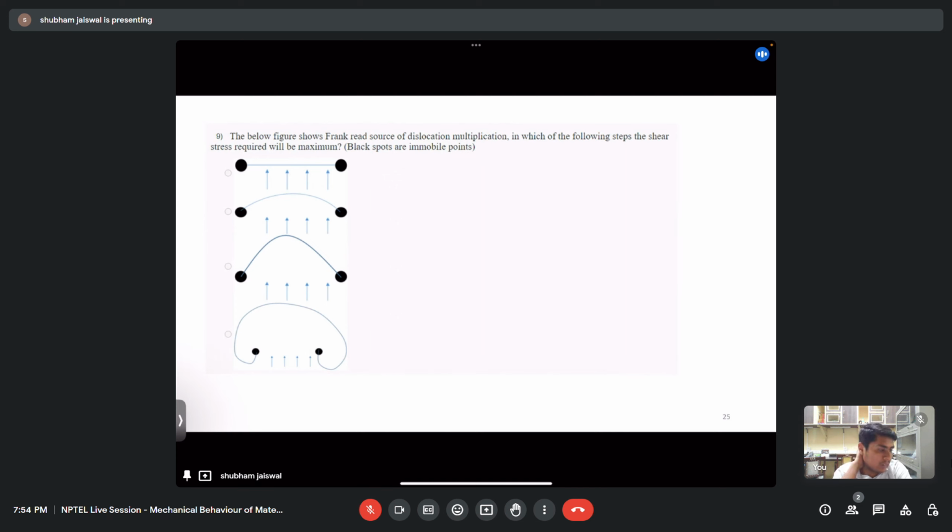So please try to answer this, guys. It's very simple. If you know the relation between the shear stress and radius, you will get the answer.